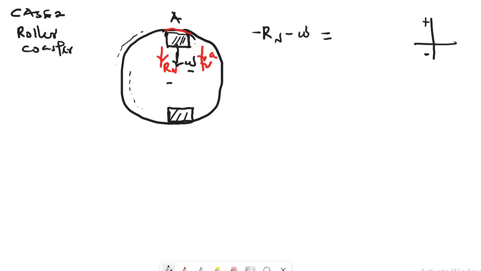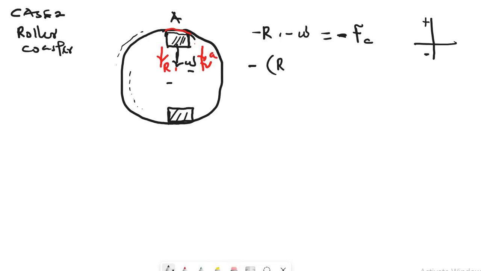Of course, minus will give us a minus answer. So the resultant force in this case is also the centripetal force. Let me just call the normal reaction R.